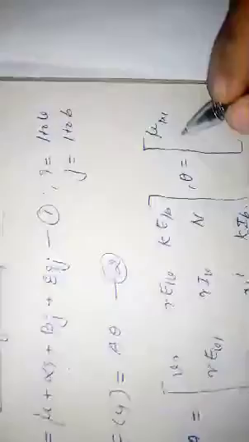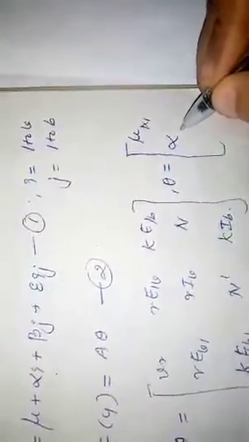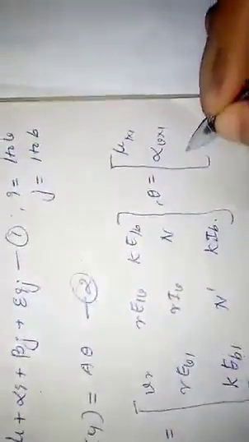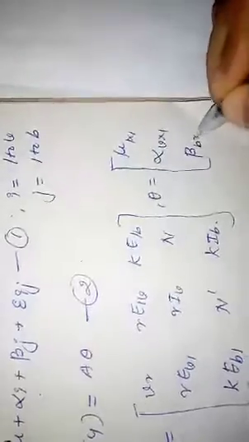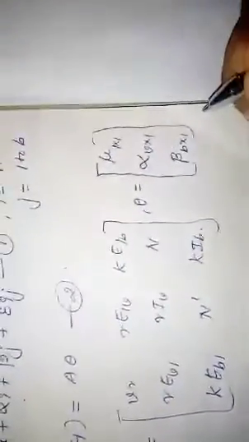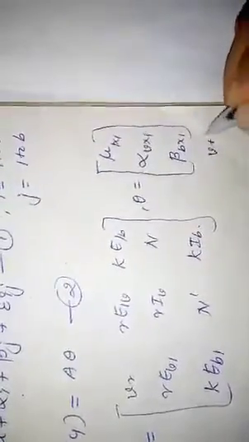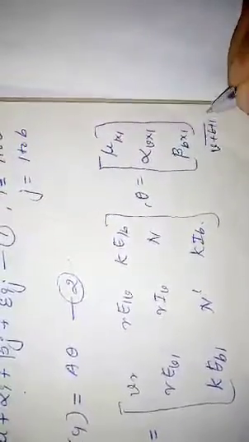Then what is theta there? Theta is a parametric vector, right? Theta equal to mu of order 1 cross 1, alpha of order v cross 1, beta of order b cross 1. So theta is of order v plus b plus 1 cross 1.